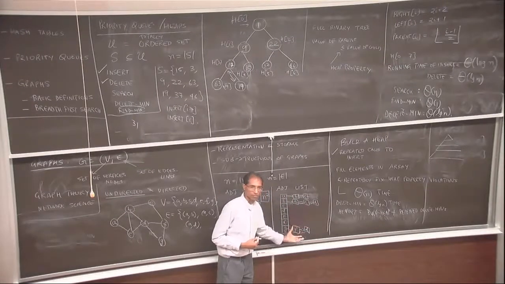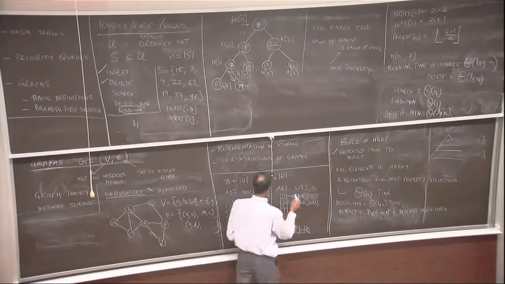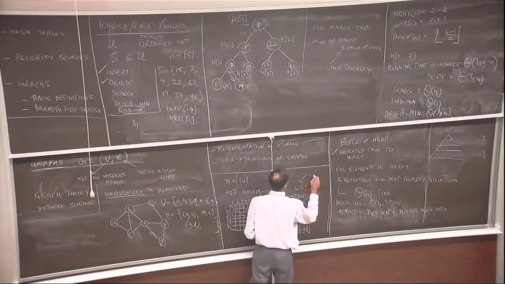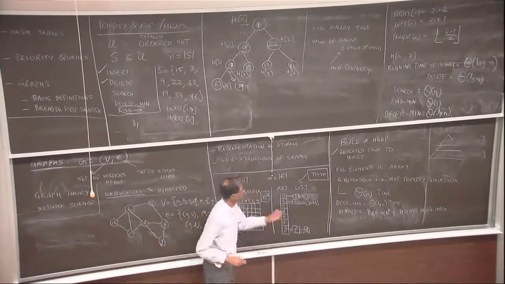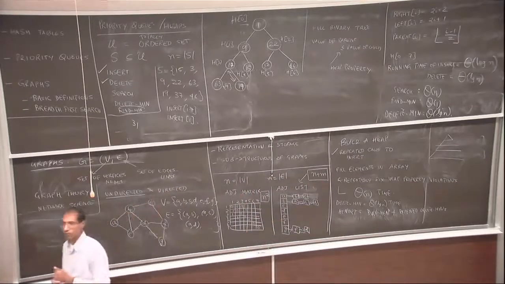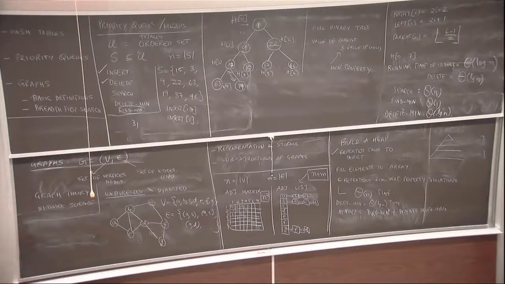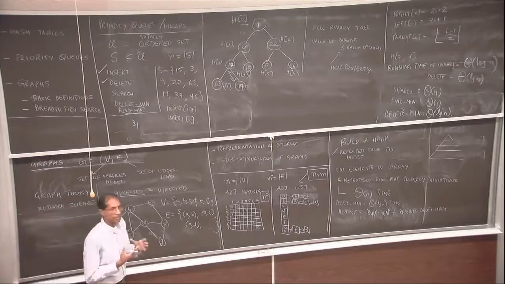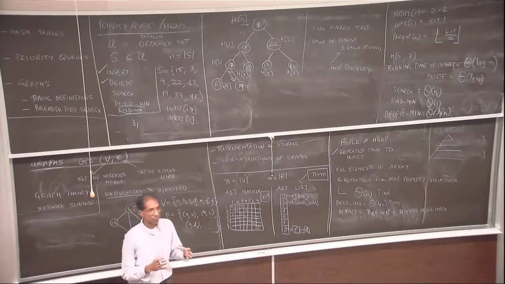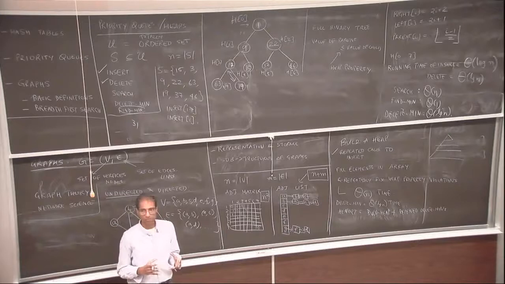You see that? Because each edge appears twice. So the size of adjacency list representation is usually thought of as n plus m, or theta n plus m. People see that? So in general, the way you should think about these two is, if you have a very dense graph, and what is the maximum number of edges a graph can have?